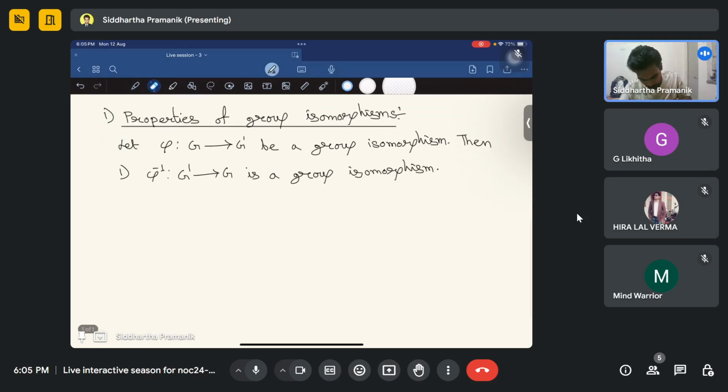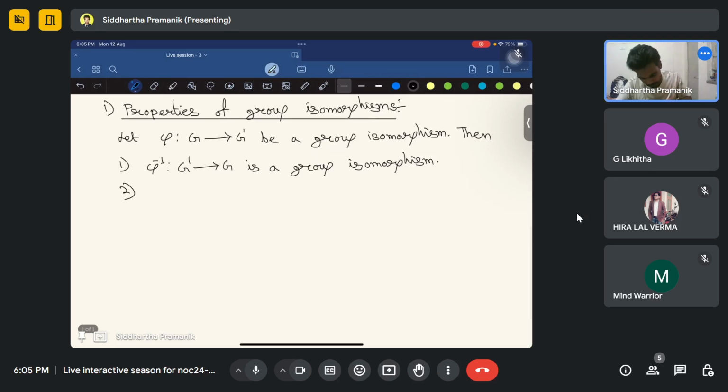Okay, next one is: the group G is abelian if and only if the group G prime is abelian. Third one is: G is cyclic if and only if G prime is cyclic.